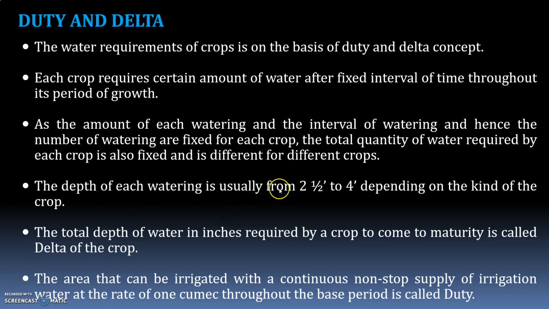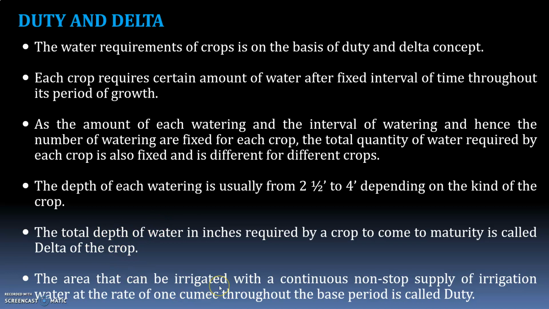The depth of each watering is usually from 2.5 to 4 inches depending on the kind of the crop. The total depth of water in inches required by a crop to come to maturity is called delta of the crop. Okay, it is nothing but the total depth of water in inches required by a crop. So the total depth of the water required by the crop is called the delta of the crop.